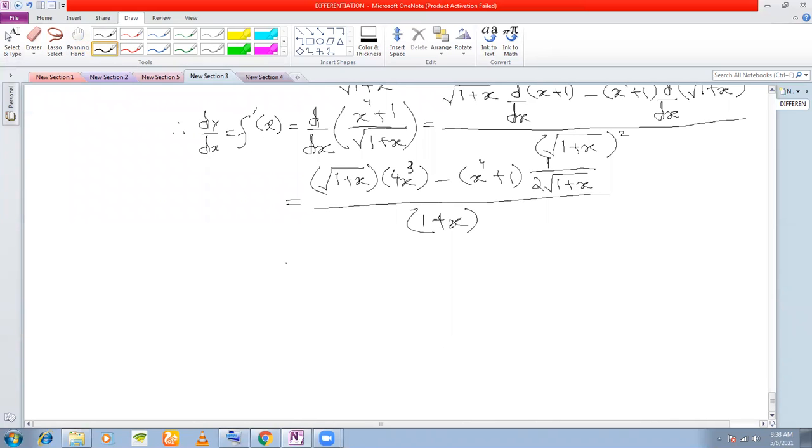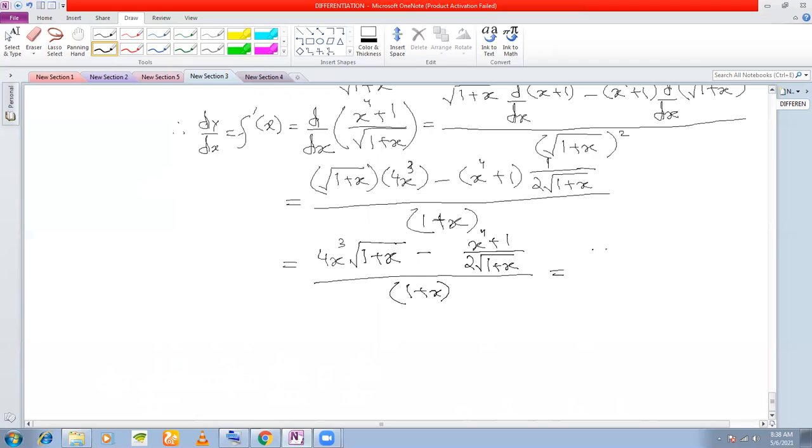So that means now what you get is 4x cubed. Remove the brackets. For the brackets, 4x cubed root 1 plus x minus x to the power of 4 plus 1 by 2 root 1 plus x, whole divided by 1 plus x.